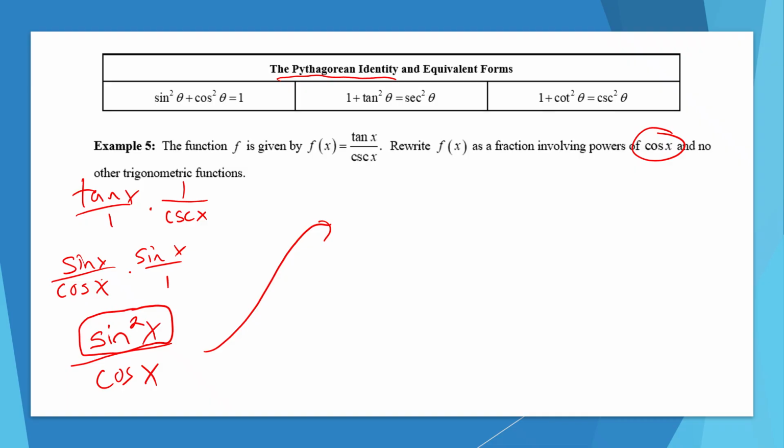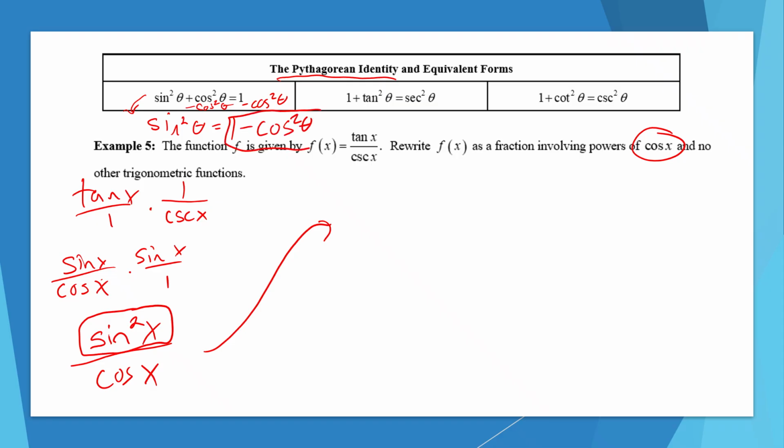So if we actually take this equation and rearrange it to solve for sine squared, I'm going to subtract cosine squared theta from both sides to get sine squared theta, or sine squared x, equals 1 minus cosine squared x.